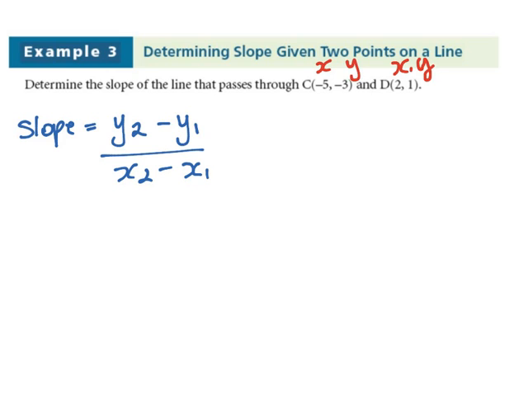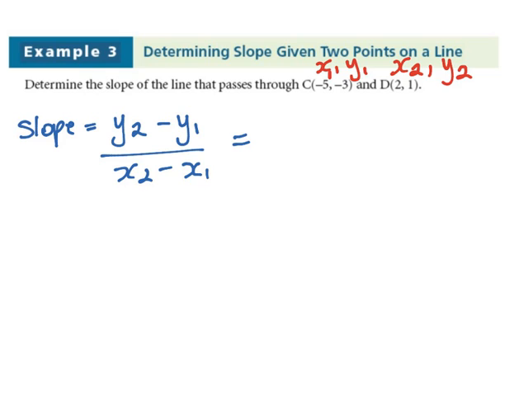And since we're dealing with points, the first point is our first x and first y, and the second point is our second x and second y. We can plug these values into our equation, and we'll get the same answer as 4/7.